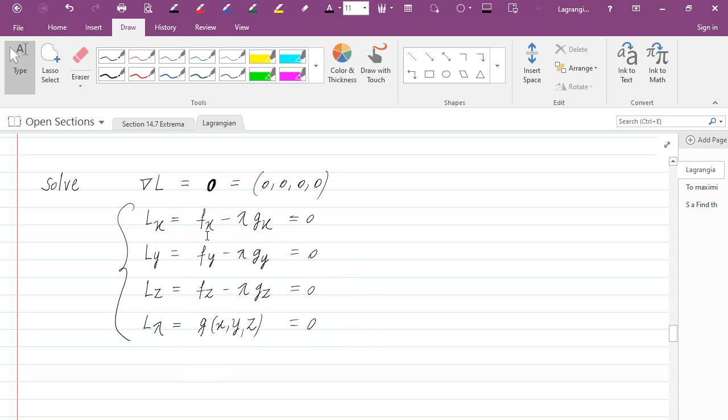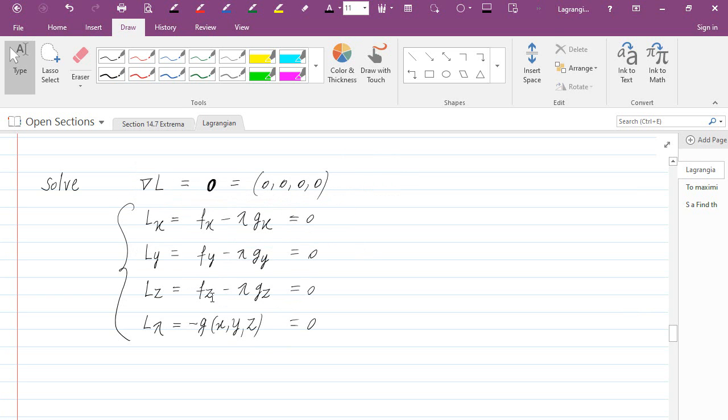But Lx is fx minus lambda gx, Ly is fy minus lambda gy, Lz is fz minus lambda gz, and the L lambda is minus g of xyz. And so we set them to 0. So this system of equations here is equivalent to just this one equation here.